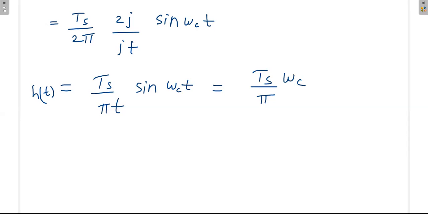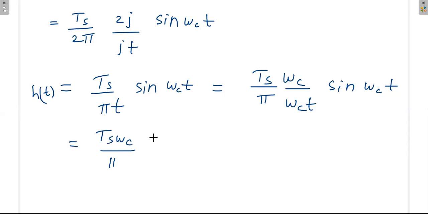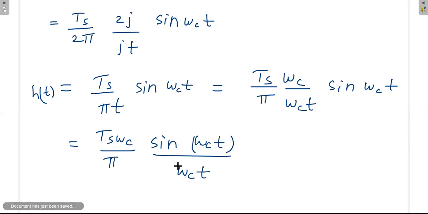We multiply and divide by omega c, since t is already there. Then we get sine omega c t, so we can write this as Ts omega c divided by pi times sine omega c t divided by omega c t. We do this because we have to represent it in terms of the sinc or sampling function format. So finally h of t can be written like this.